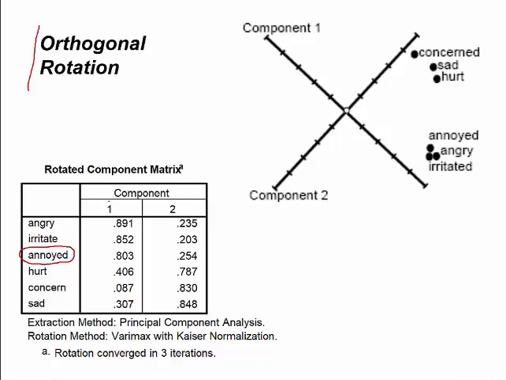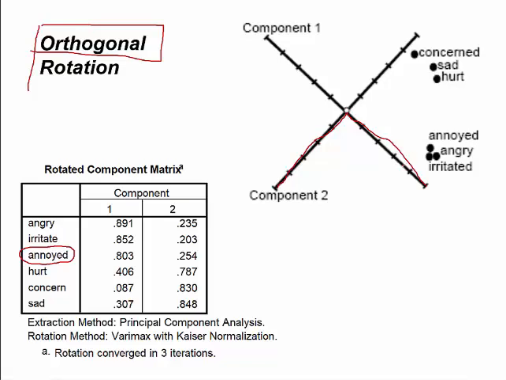Now, I'm going to call this orthogonal rotation because when I rotated, recall that orthogonal means at right angles. And so my x and y axes are at right angles to each other, showing two components that have a zero correlation. Component 1 has a zero correlation with component 2.